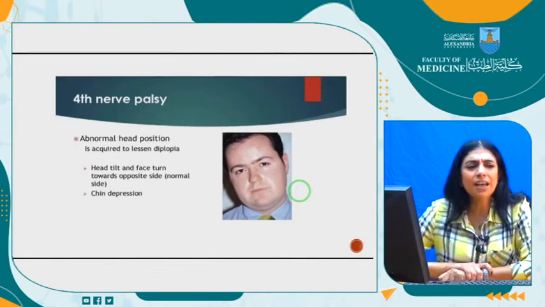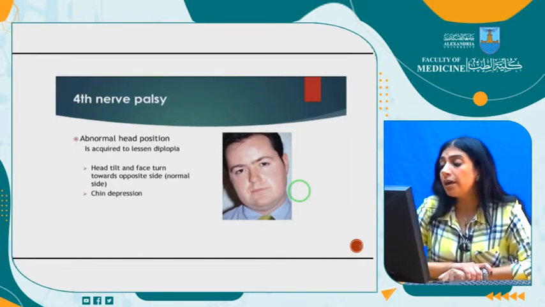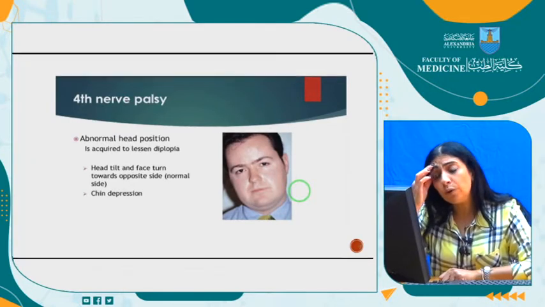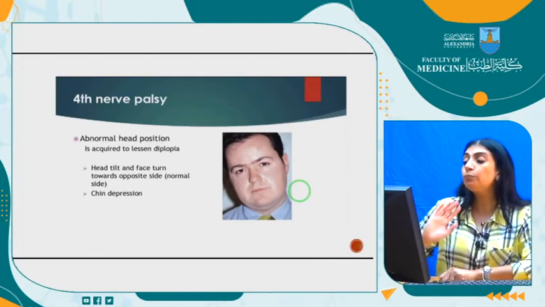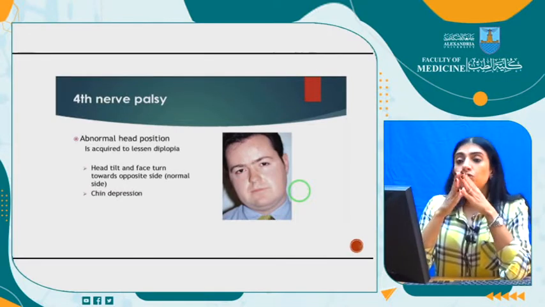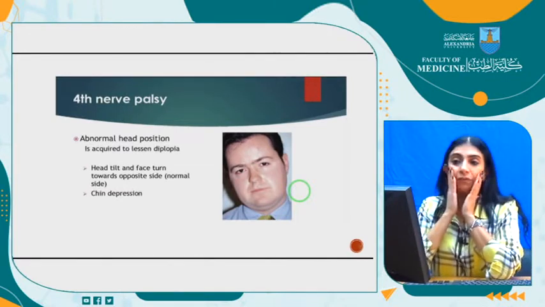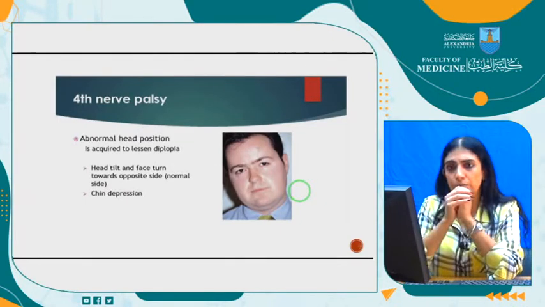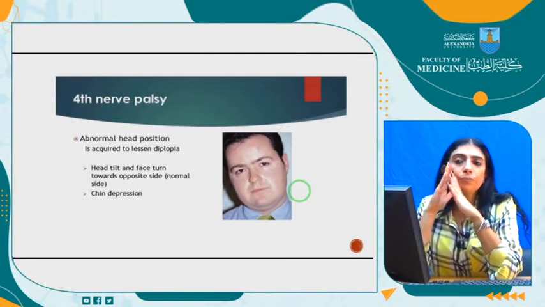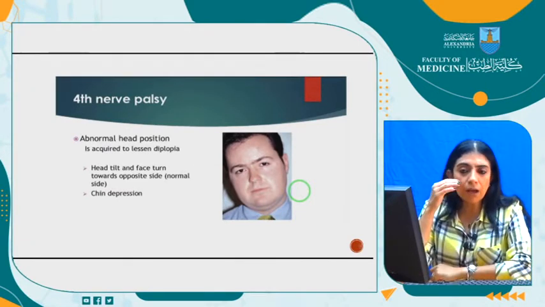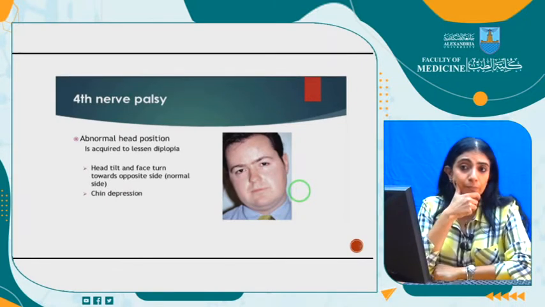This patient has a very annoying vertical diplopia, and so he tends to assume an abnormal head posture. How does he do this head posture? He starts to move his head and face in the direction of the action of the paralyzed muscle. For example, if we have left superior oblique palsy, the patient is unable to bring his eye down in the adducting position.